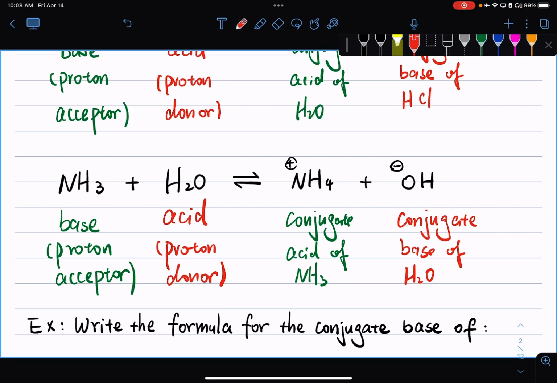All right, so in this case, we always have conjugate acid pairing up with your base, conjugate base pairing up with your acid. So I expect you to know, say I give you some kind of acid, can you tell me the formula for its conjugate base? Or I give you a base, tell me the formula of its conjugate acid. The process here is just a proton transfer.